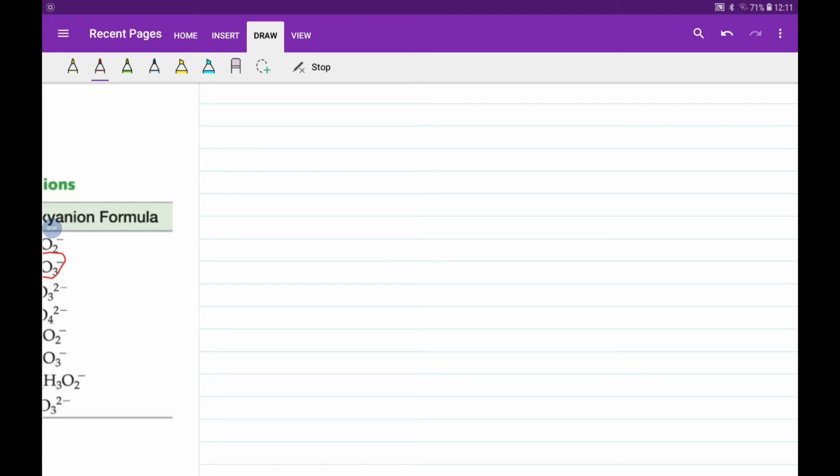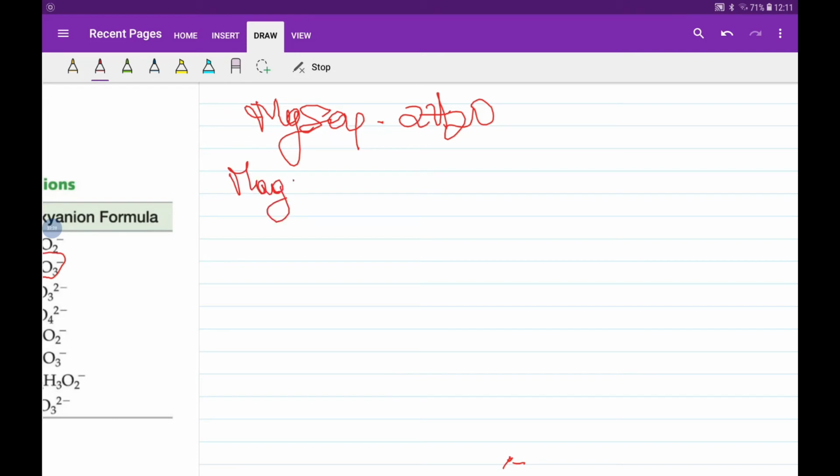So if we look at this one, for example, that's a compound. When we name it exactly the way we've been naming stuff, that's magnesium sulfate.